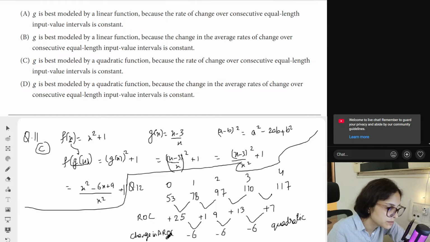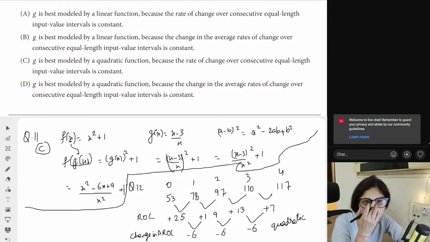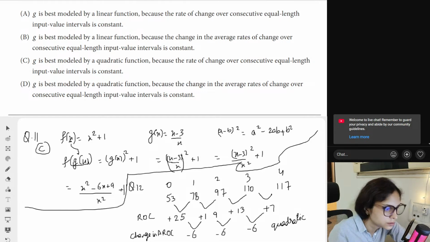A means average, R means rate, O means of, C means change. So change in average rate of change is constant, so it will be option D, because rate of change is not constant. So option D is the correct one.